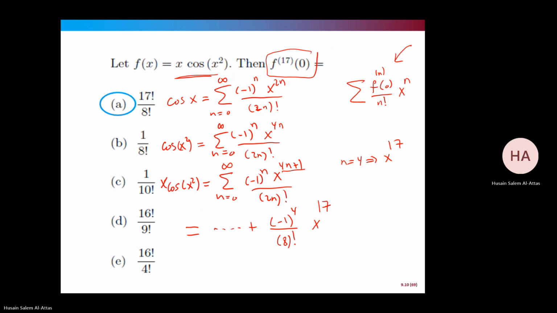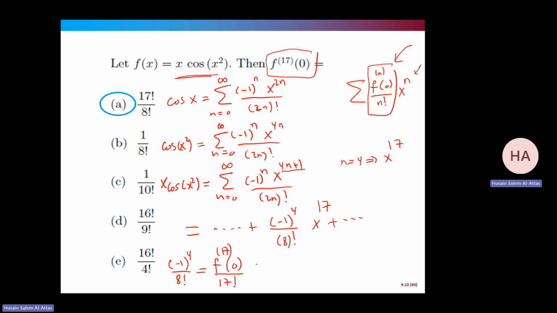That will be the coefficient of x to the power 17. And the coefficient of x to the power 17 from this one, so I have minus 1 to the power 4 over 8 factorial is the same as the 17th derivative at 0 over 17 factorial, because also at n equals 17, this will be the same coefficient.